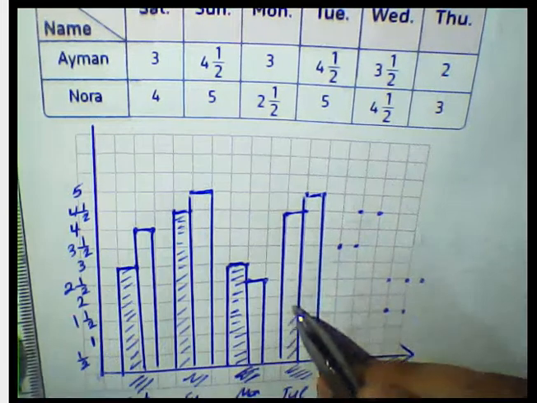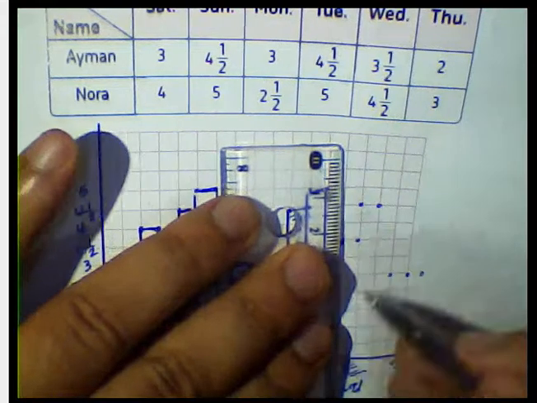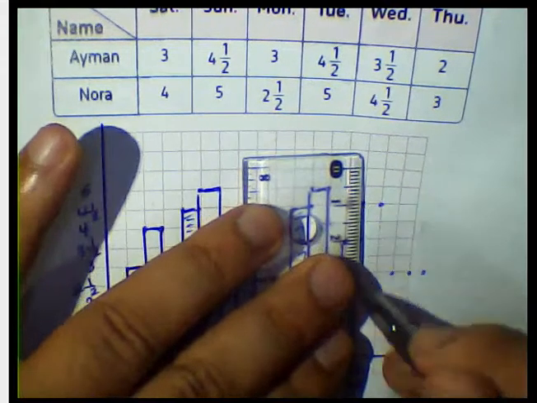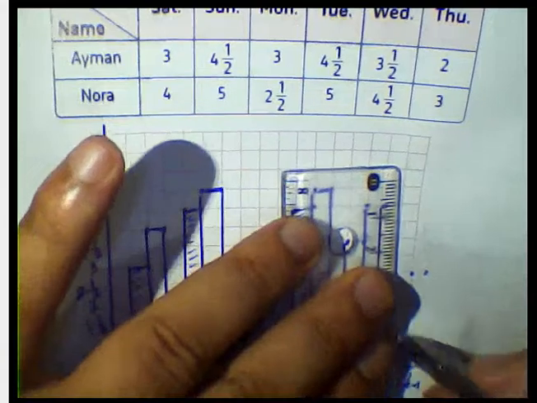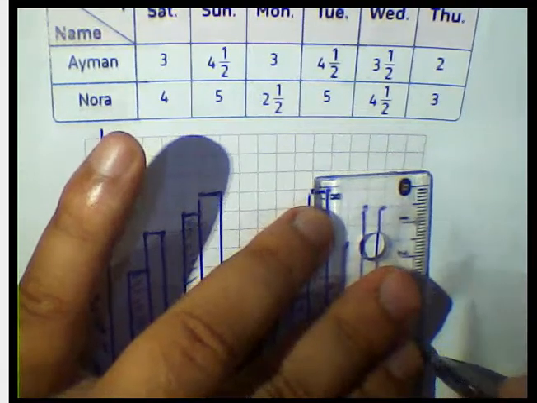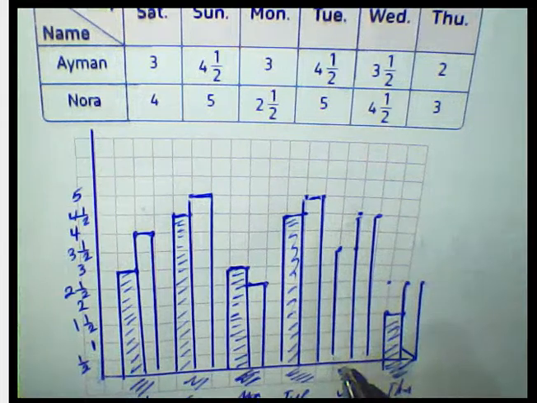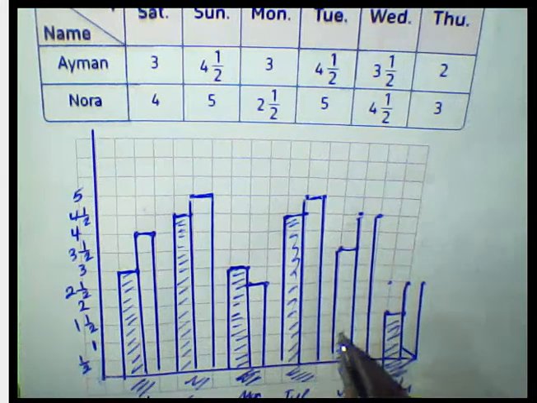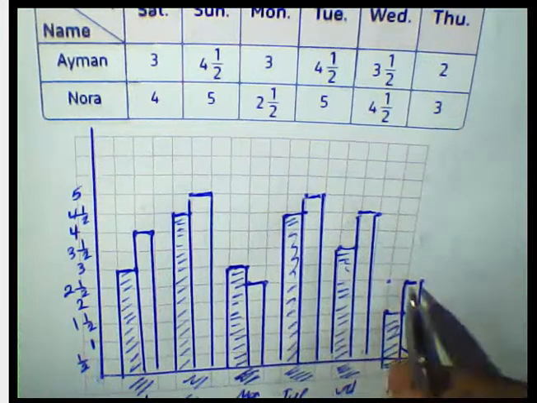We can color the first here and finish with this step. Color the first, and close it.